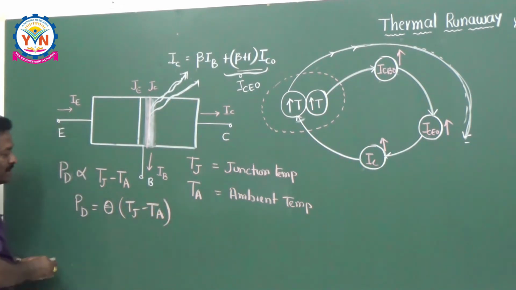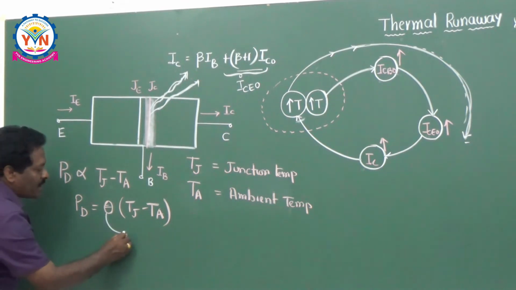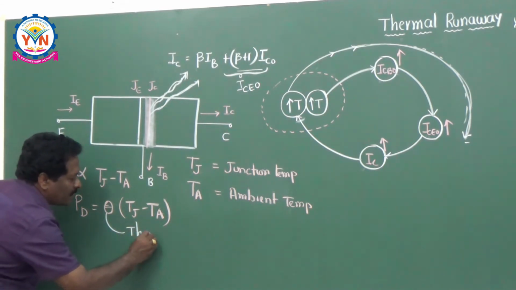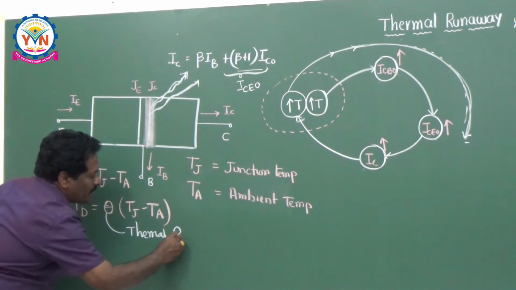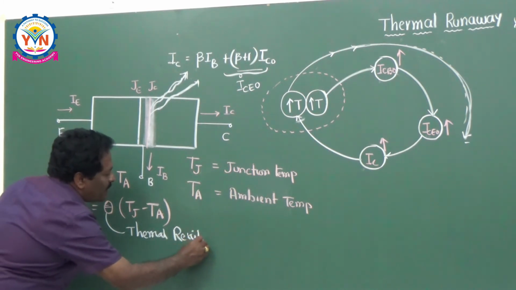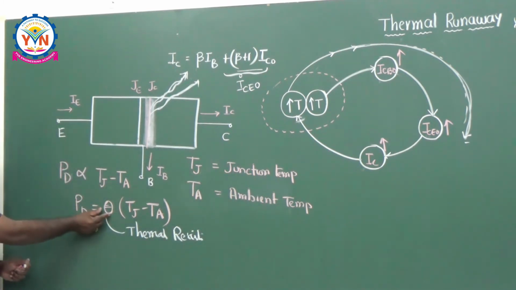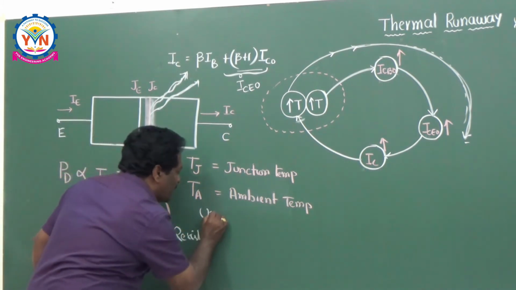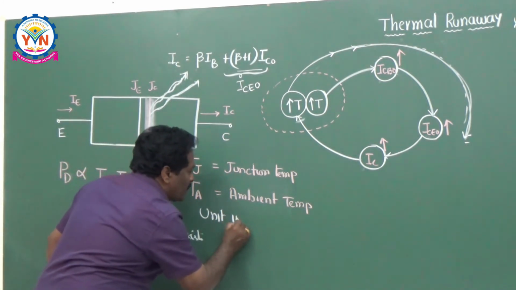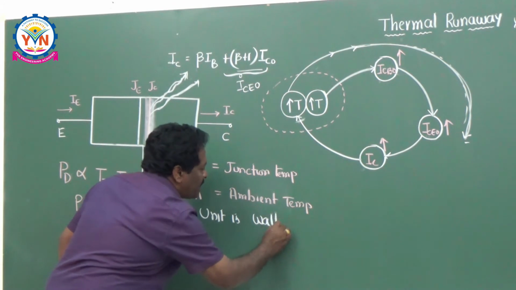This theta is called the thermal resistance. What may be the unit of this thermal resistance? Thermal resistance theta is equal to PD by the temperature difference delta T. That means watts per degree centigrade. So the unit of theta is watts per degree centigrade.